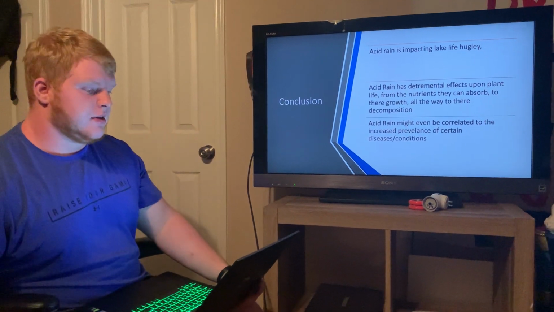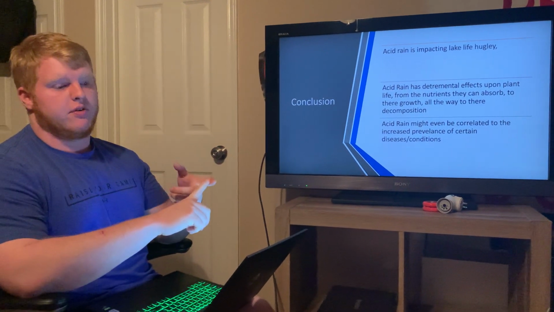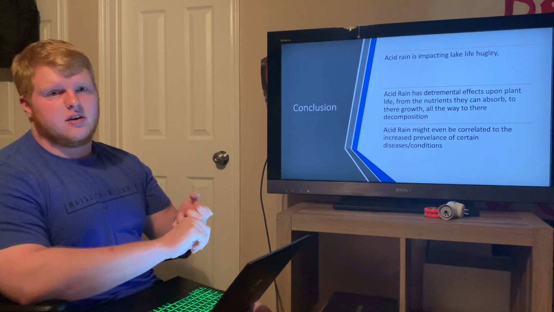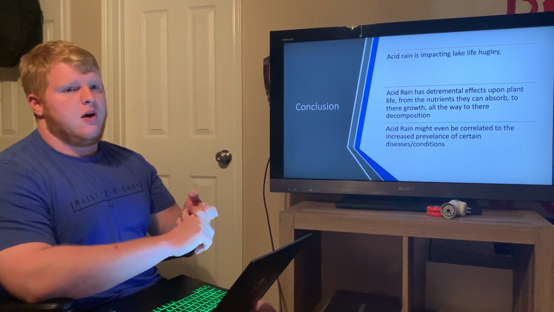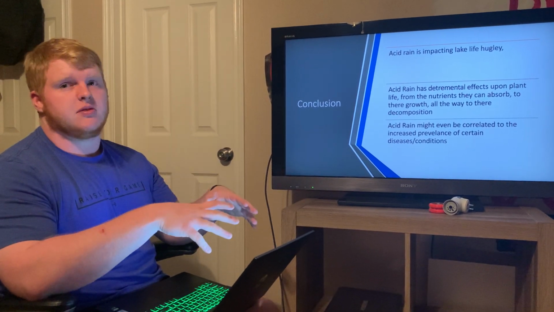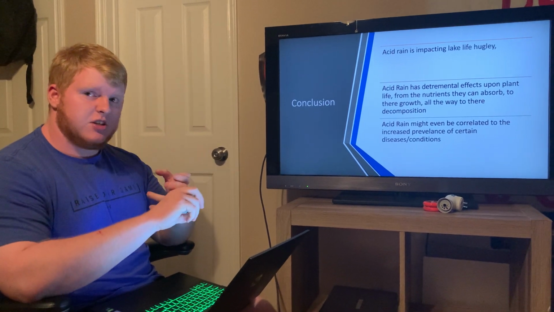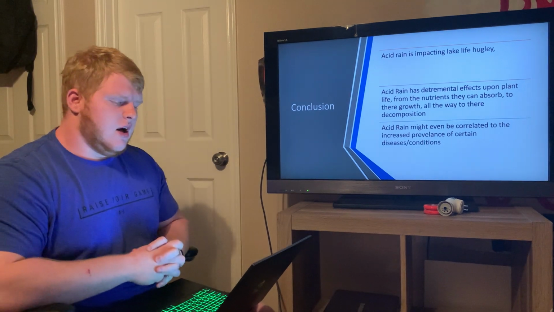All right, conclusion. Acid rain is impacting lake and river life hugely. It's affecting the pH of lakes and rivers and how well they can neutralize that acid. At some point, they just are unable to. It's affecting the breeding of fish and the population sizes of other organisms.